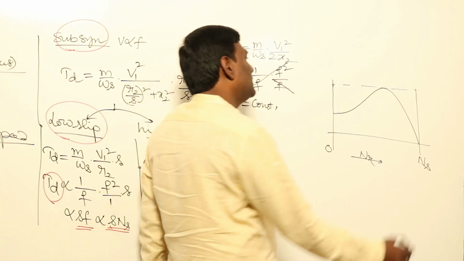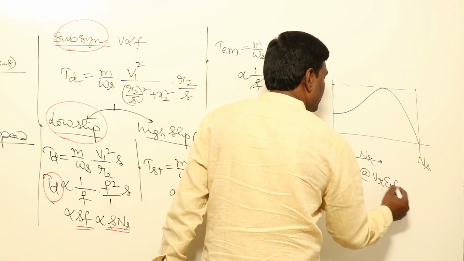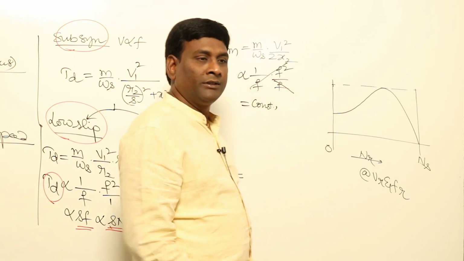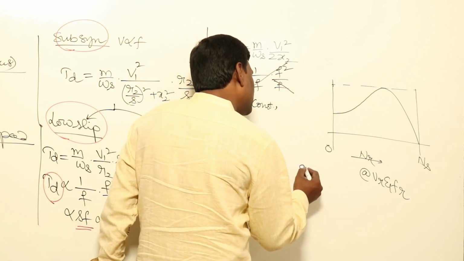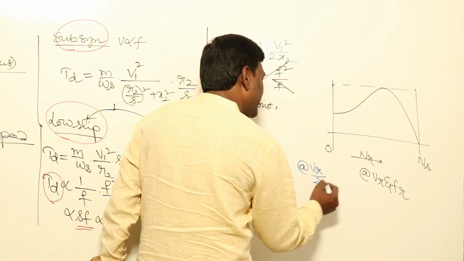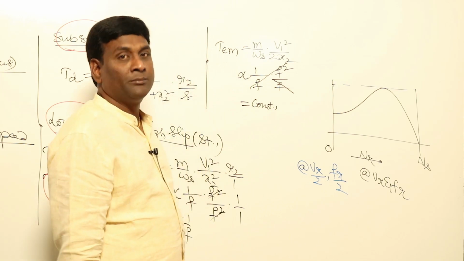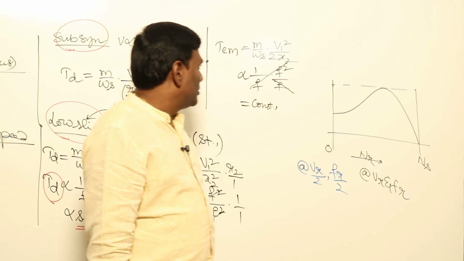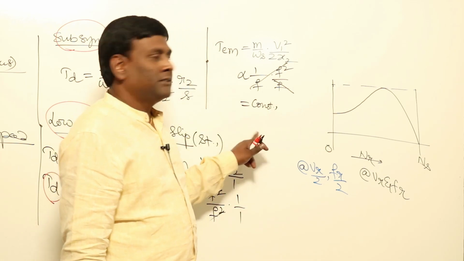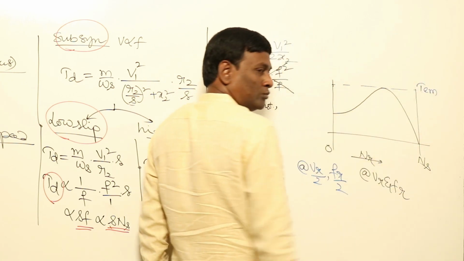This is at rated voltage, rated frequency. Now let us think of half rated voltage and half of rated frequency. Frequency is reduced in the subsynchronous region and the V by F ratio is constant. So TEM is going to be the same for both black and blue.